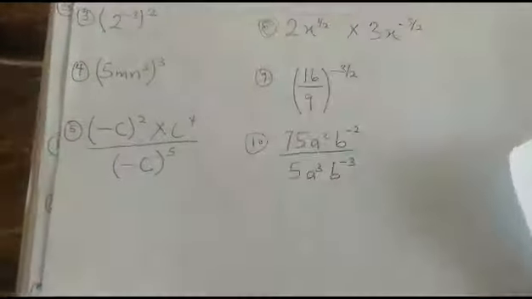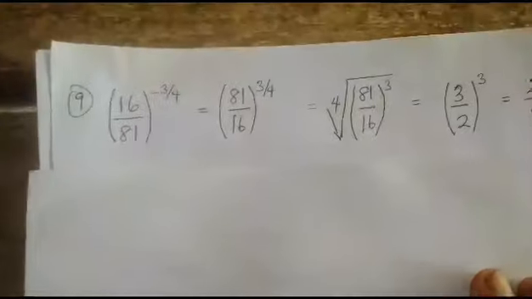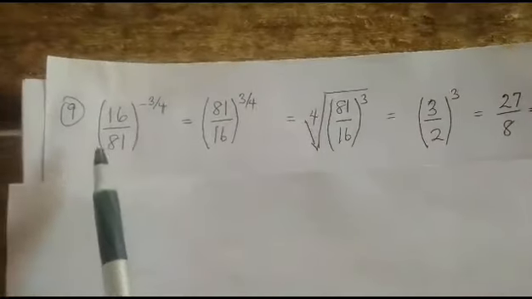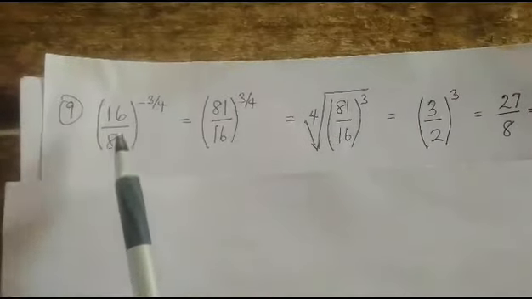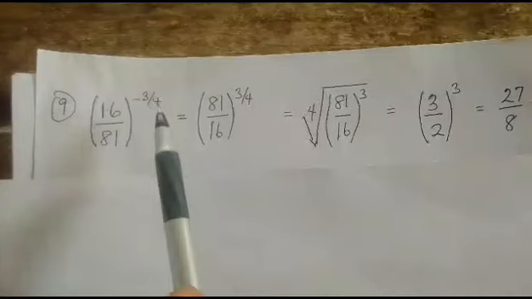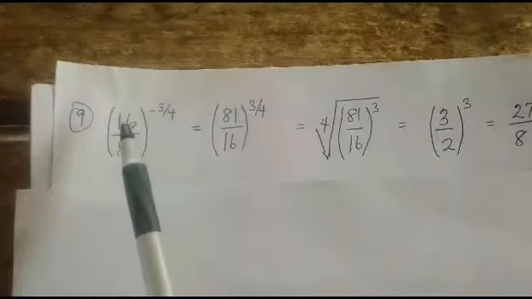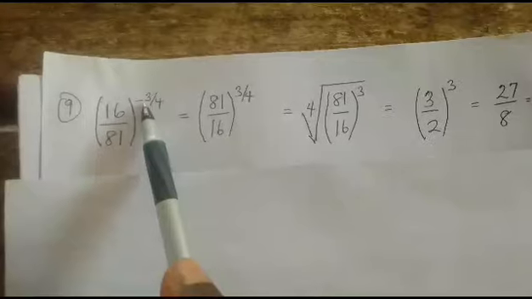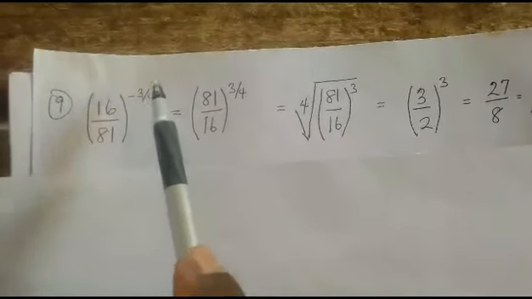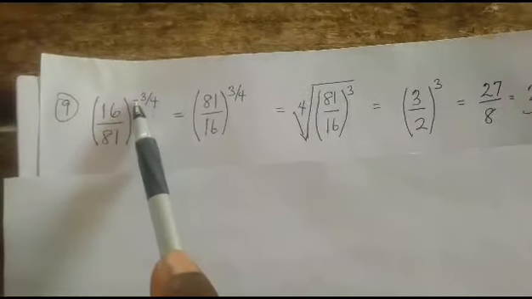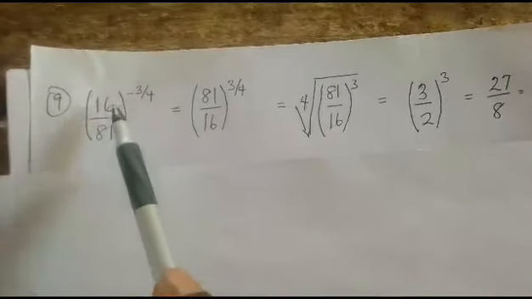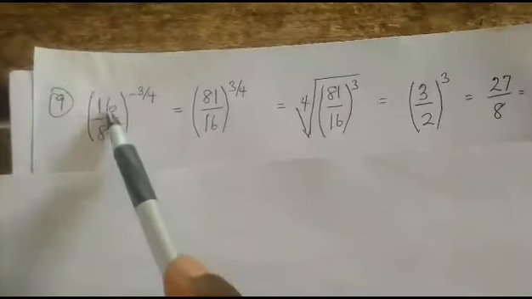Now, let's move further. Number 9. You are having 16 over 81 raised to the power of minus 3 over 4. First of all, we need to remove this negative value. In indices, we said that to remove negative power, we must find the reciprocal of the fraction inside here.